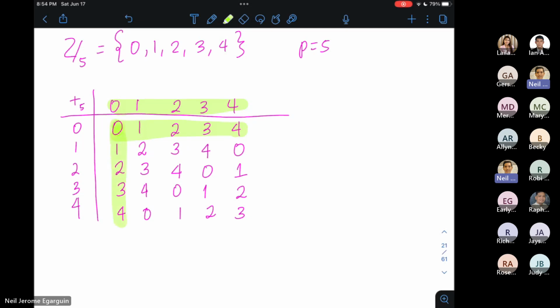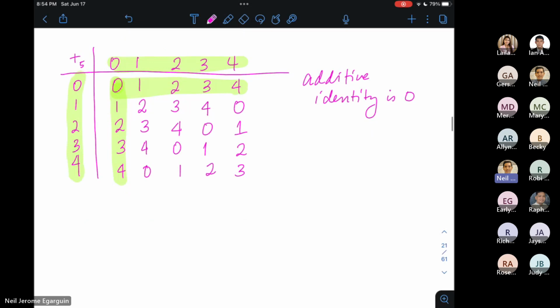Yung 0, 1, 3, 4 is a repetition of the row headers. And then if you look at their intersection, ito yung additive identity. So the additive identity is 0. Okay?